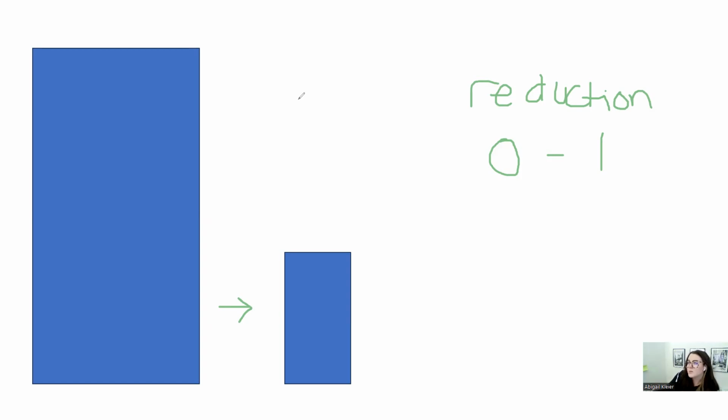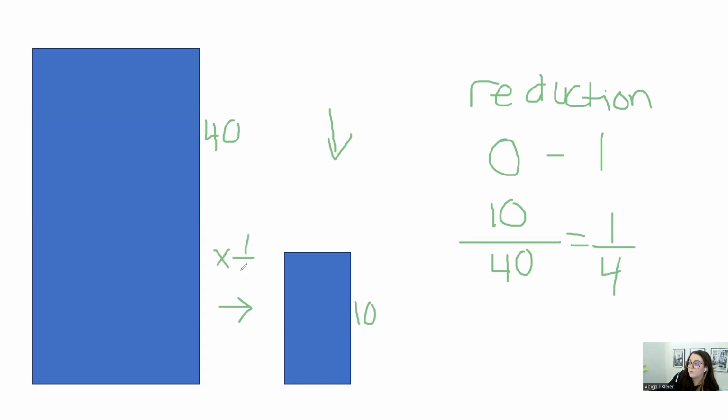Again, I don't have dimensions on these, so I'm just going to make it up. Let's say the dimension for this one is 40, and let's say this one is 10. I'm going to use the same formula I did before. The dimension from image 2, so here we go, image 2 is 10, divided by the dimension from image 1, 40. When that simplifies, that gives me a scale factor of 1/4.